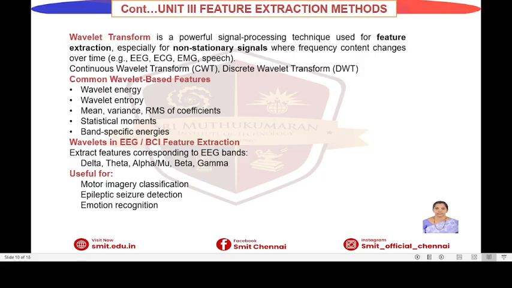Common wavelet based features we can extract with the help of the wavelet transform are wavelet energy, wavelet entropy, mean, variance, root mean square of coefficients, statistical moments and band specific energies. In this also we can extract the EEG bands, that is alpha, beta, theta, delta and gamma, everything.